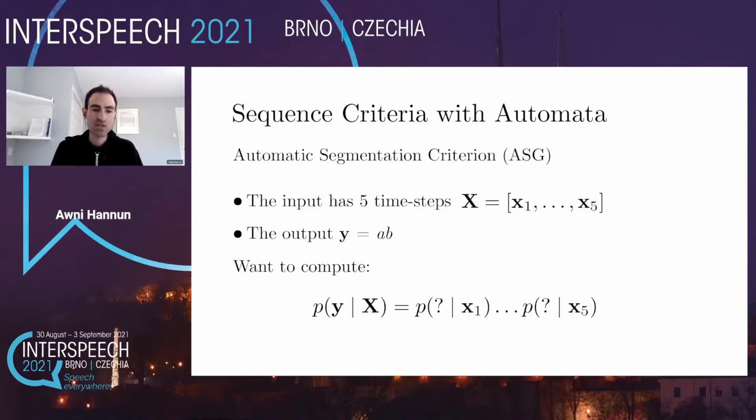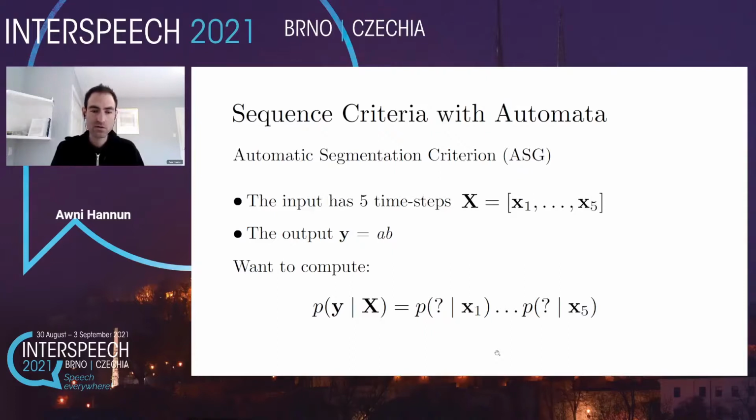Since the output only has 2 tokens and the input has 5 time steps, it's not clear, if I want to compute this score and I need 5 different scores, what should I put for each of these? Should this be an A? Should the next one be an A? Should it be a B? I'm not sure.